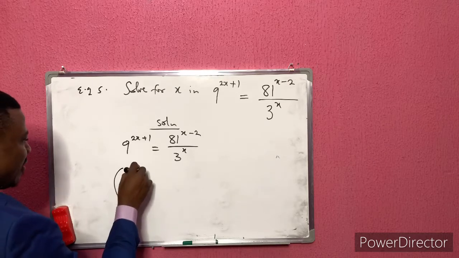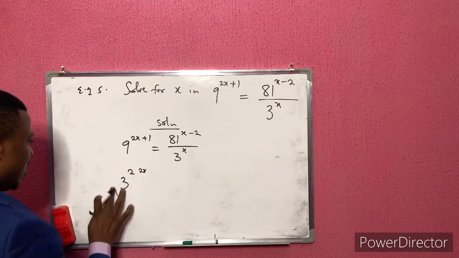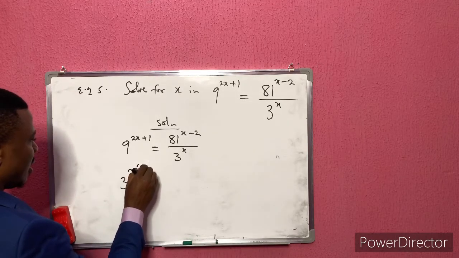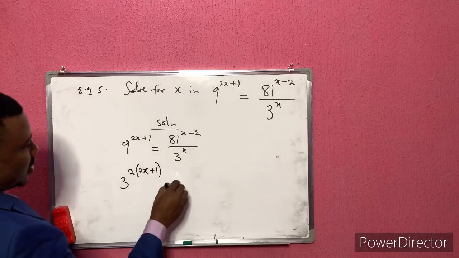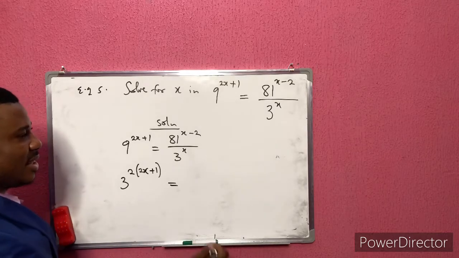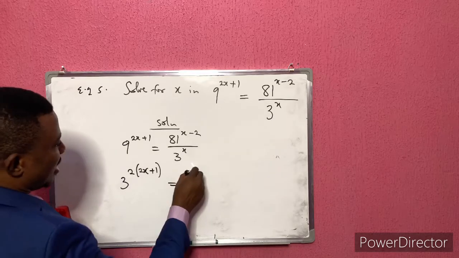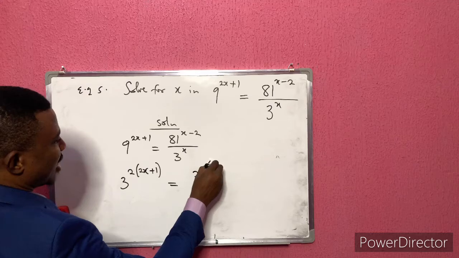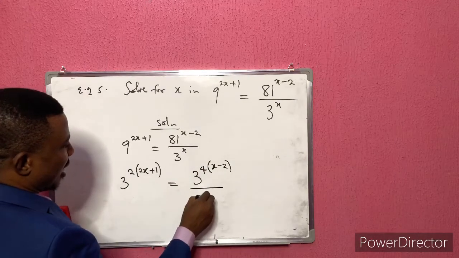Remember that you have 2x plus 1 as the power. 3 times 3 is 9, 9 times 3 is 27, 27 times 3 is 81, so 81 is 3 power 4. Remember you have x minus 2 as the power, all over 3 power x.